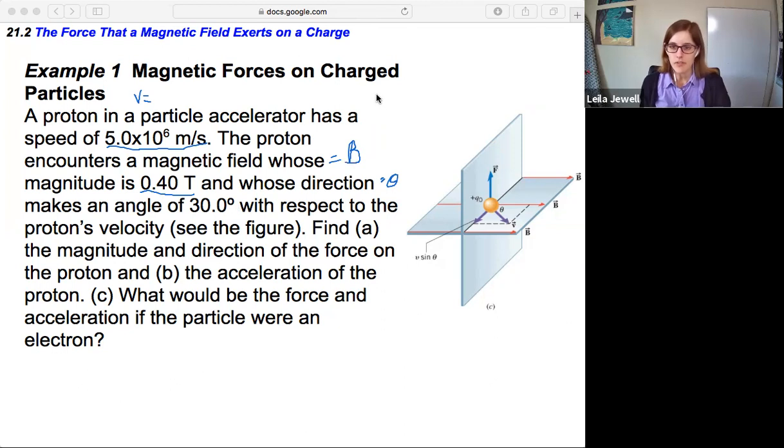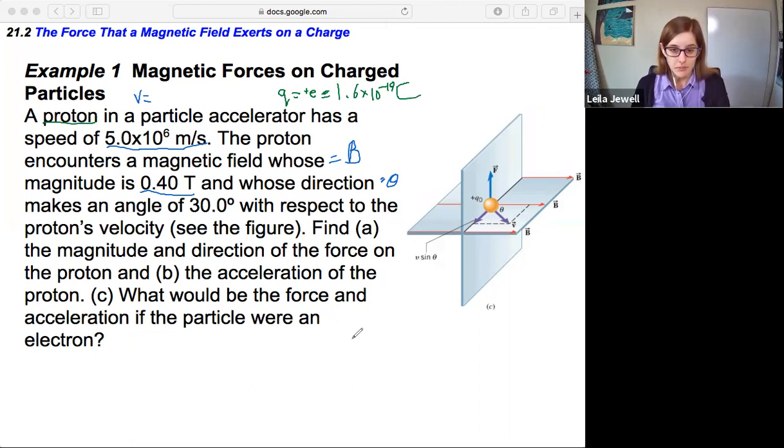The other piece of information that's implicit is the idea of this proton. Since it's a proton, we know its charge is going to have to be the positive of an electron, right? Or positive 1.6 times 10 to the negative 19 coulombs.